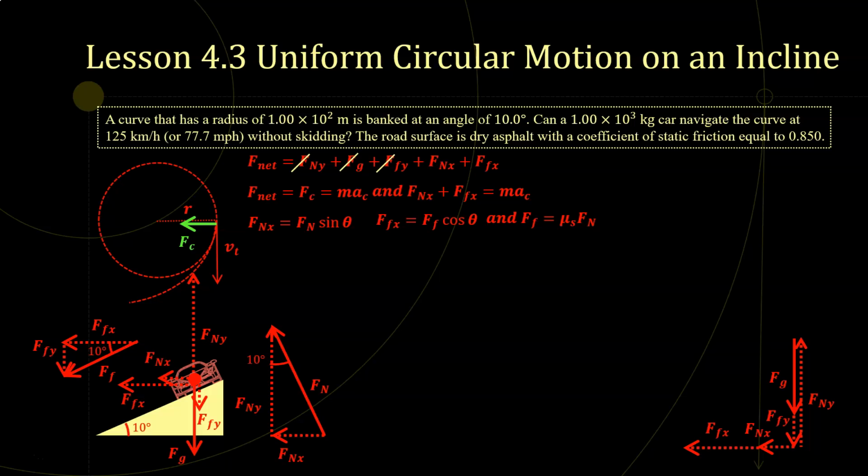Here I'm talking about the coefficient of static friction, and I'm given what that is in this problem. Okay, so again, I'm relating this back to the normal force. The coefficient of static friction times the normal force is Ff. So I'm going to go ahead and replace Ff in that previous expression that has the cosine of theta in it. Ffx is equal to the static friction coefficient times the normal force times the cosine of theta.